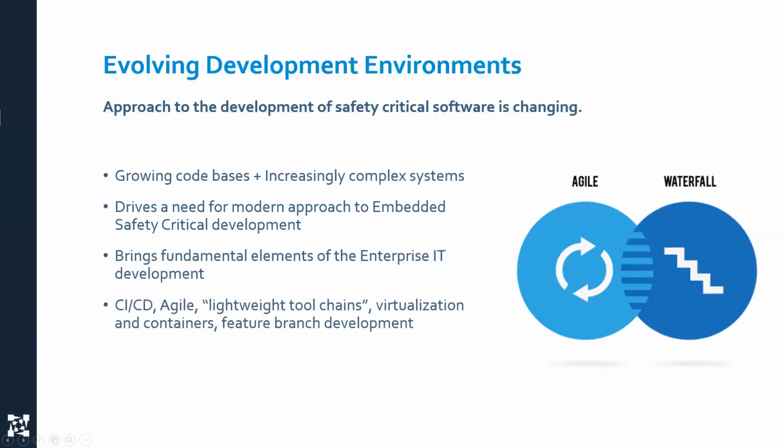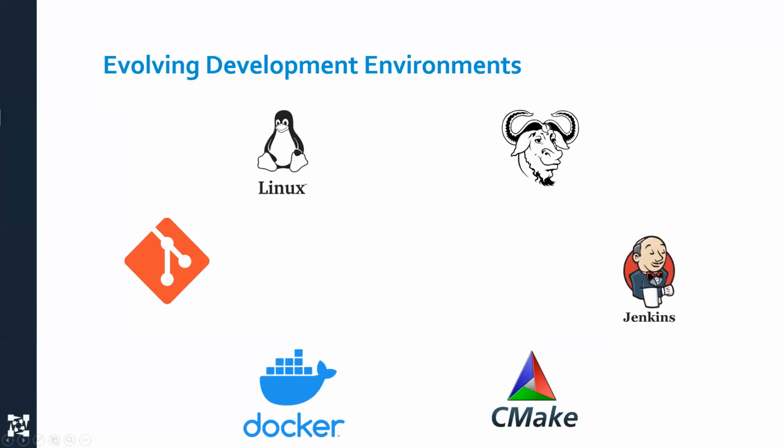Of course, these trends do not affect all the teams. There are and there will be products which can be developed by a small team using an old style approach. But in general, the pressure to modernize will be growing, especially for large teams developing complex functionalities such as AI-powered ADAS systems in the automotive. And from our observations, we see a growing acceptance for Linux and open source tools.